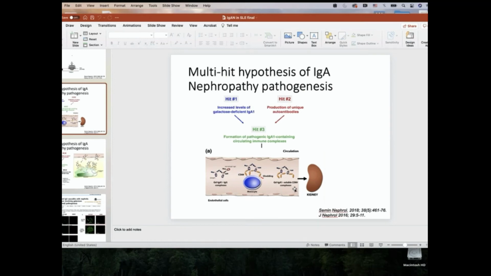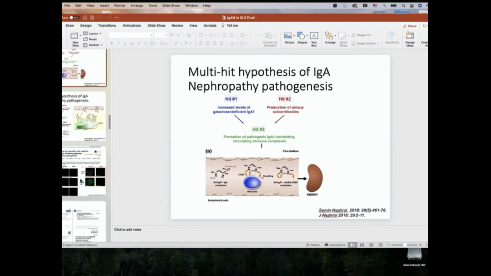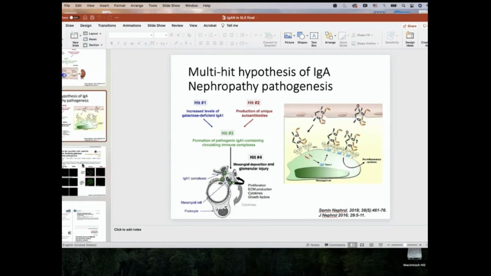There are multiple receptors that galactose deficient IgA1 will bind to. The most predominant receptors playing important roles are CD71 and CD89. So these are the two. Did I answer the question? So that's a brief answer.